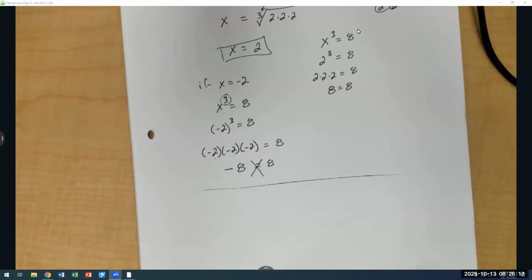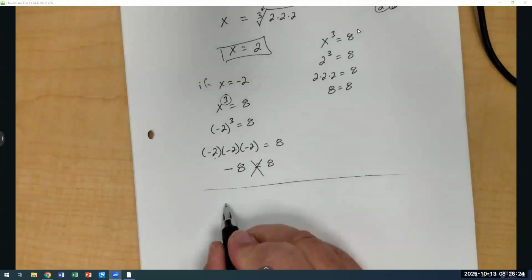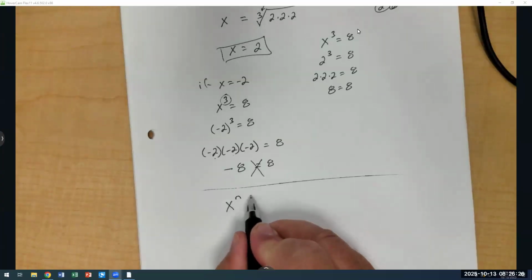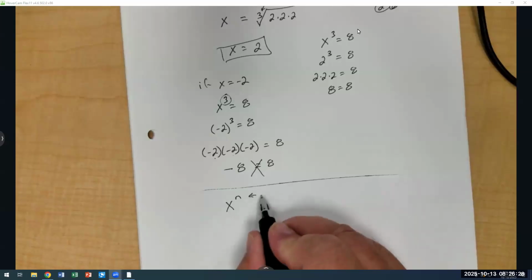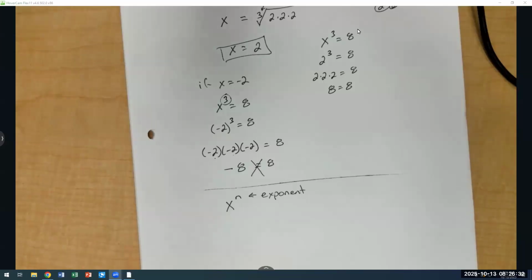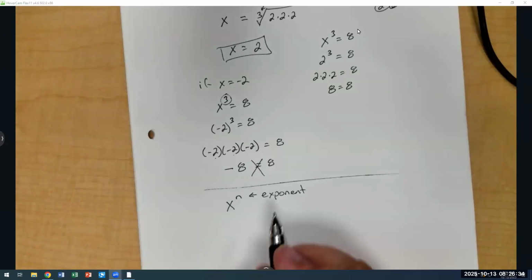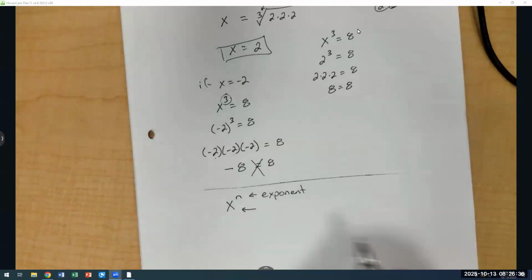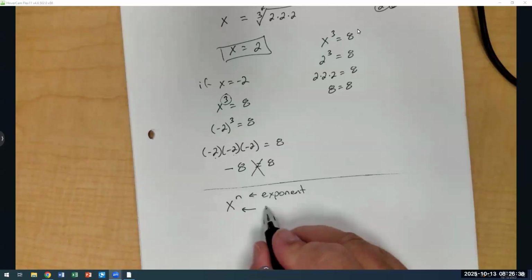Is everybody aware of what exponents mean? This number up here is called the exponent. What's this number down here called? The base. Very good.